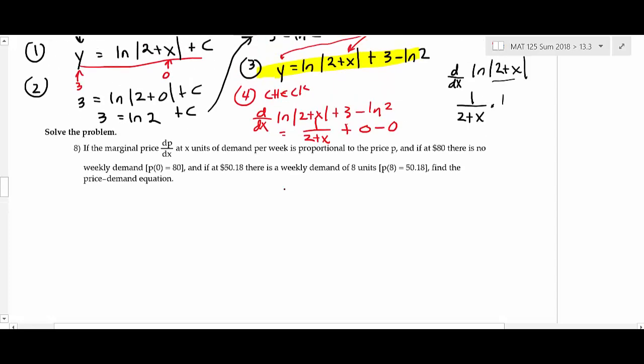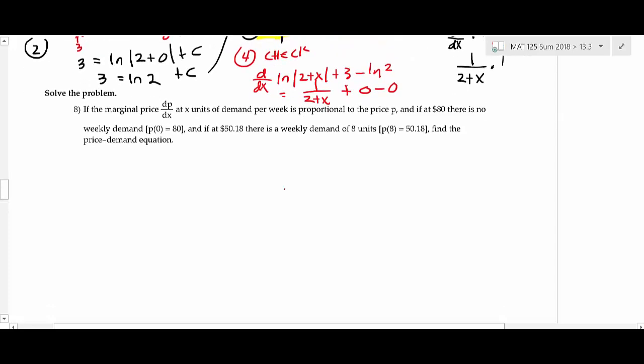So this is the same thing we've been doing. It's just kind of attaching it to some scenario.